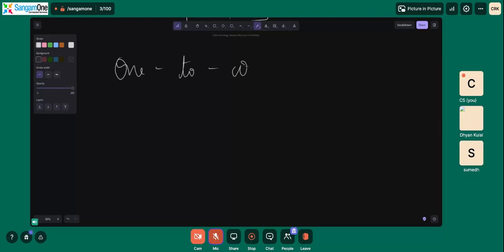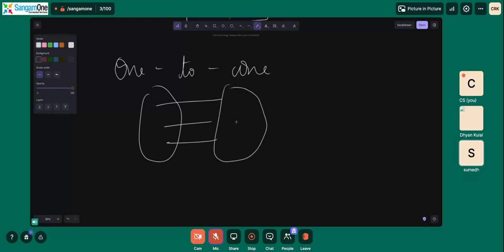One to one. So basically, what is one to one? One domain, one range. Correct. Every domain element is mapped to exactly one element in the range. Basically, that is one to one.